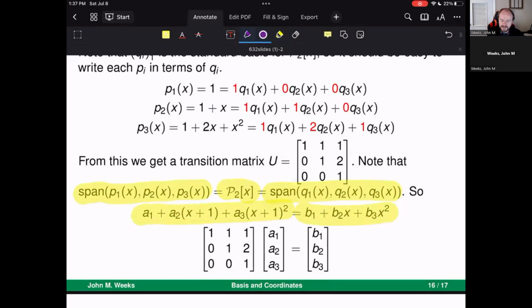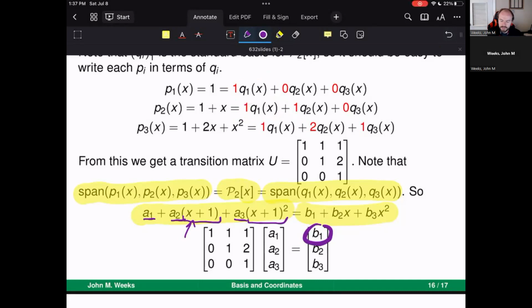Well, if I want to figure out the coefficients of the constant term, that is, if I want to solve for B1, I need to be multiplying A1 times 1 plus A2 times 1 plus A3 times 1. That's because the constant part of each of these non-standard basis elements is 1. That's what we found up here.